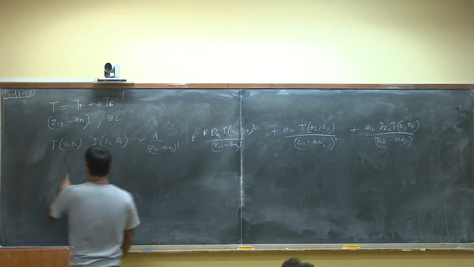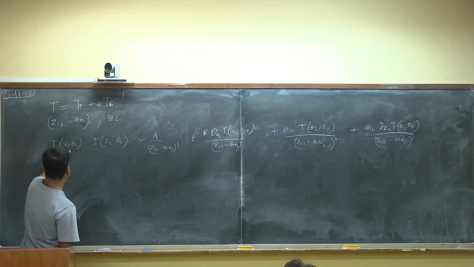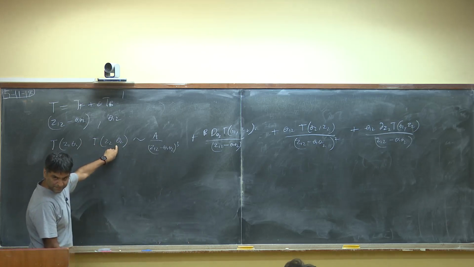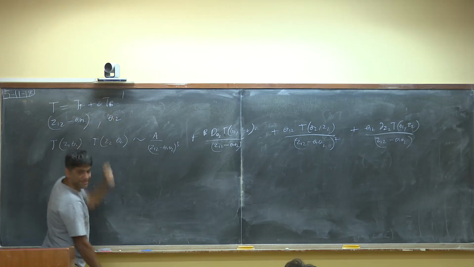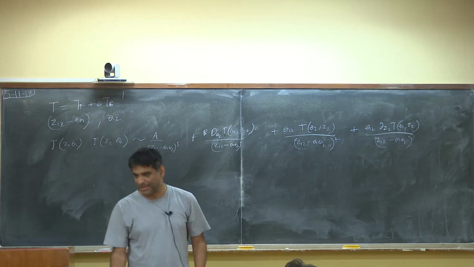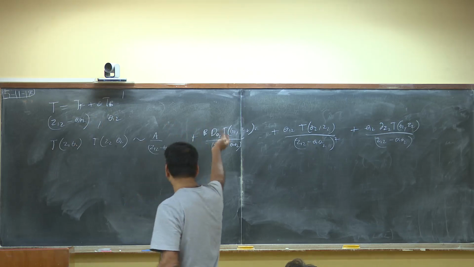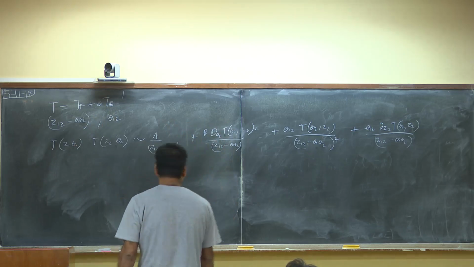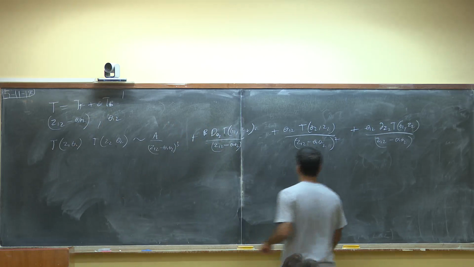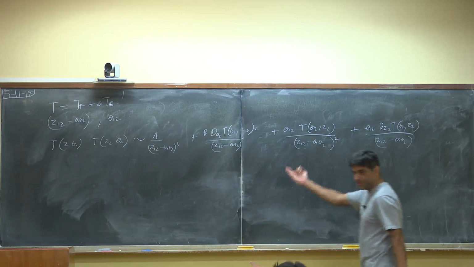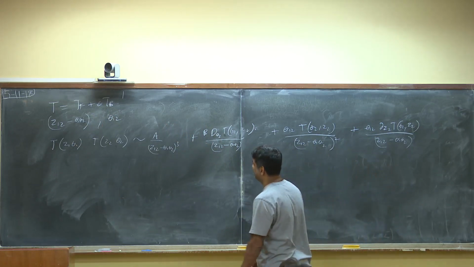Let's look. If I wanted to take theta to 0, I would have to look at the coefficient of theta 1, theta 2. Suppose I wanted the TB. That will come from the coefficient of theta 1, theta 2 on the right hand side. Now, where are we going to get something like that from? The first one will give you a derivative.